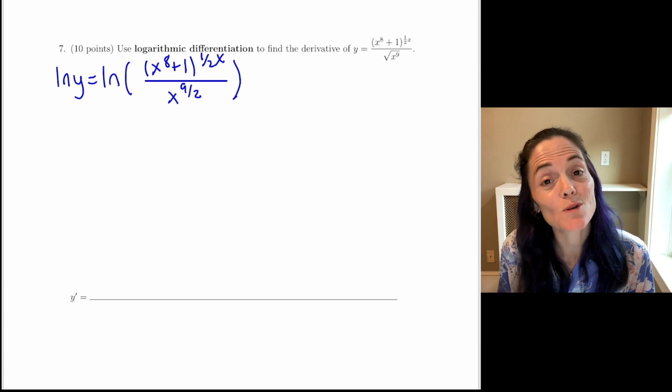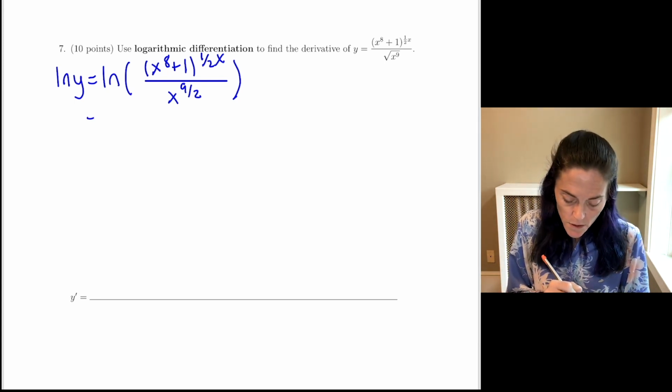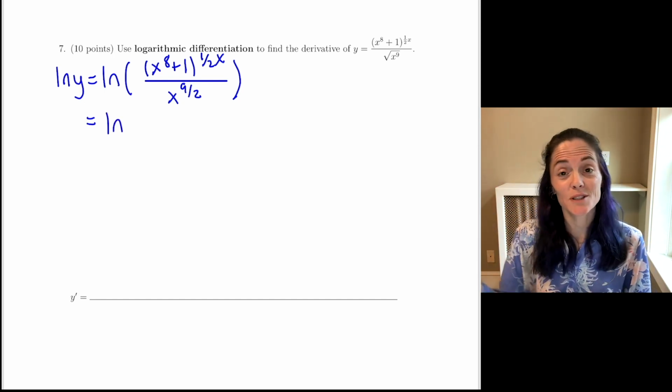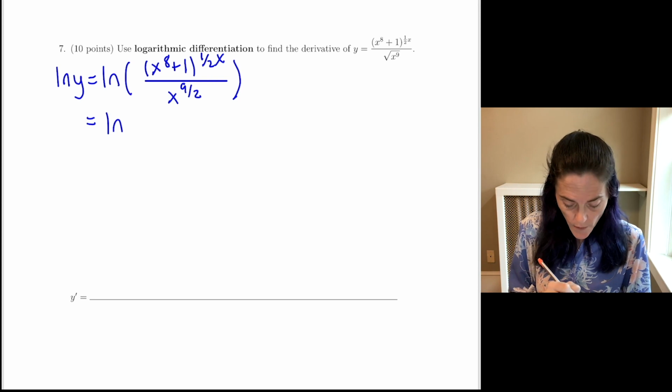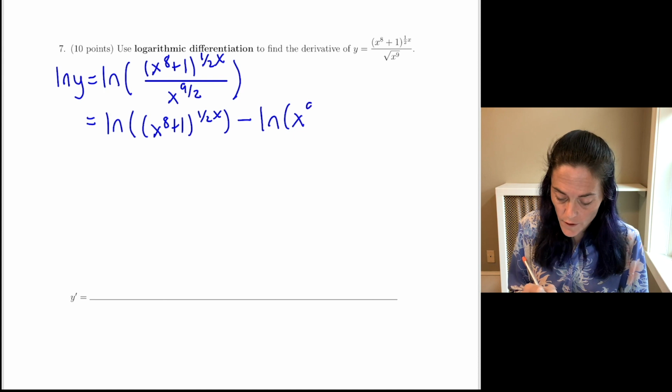Now, we have to use properties of logarithms as much as we possibly can. So the first one, you see a quotient, this will turn into a difference. So we will have ln of, we have x to the 8 plus 1 to the 1/2 x power minus ln of x to the 9 over 2 power.